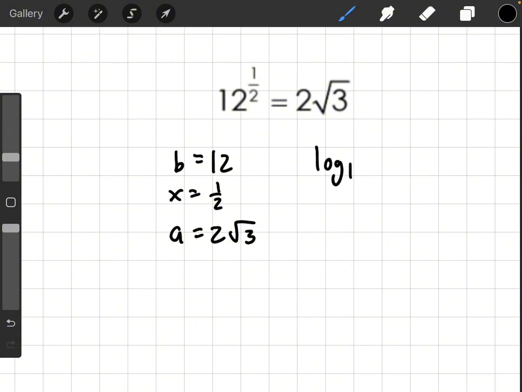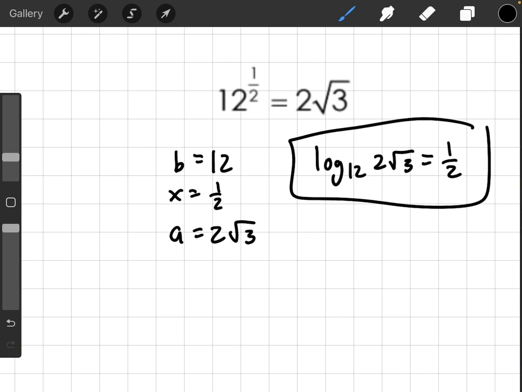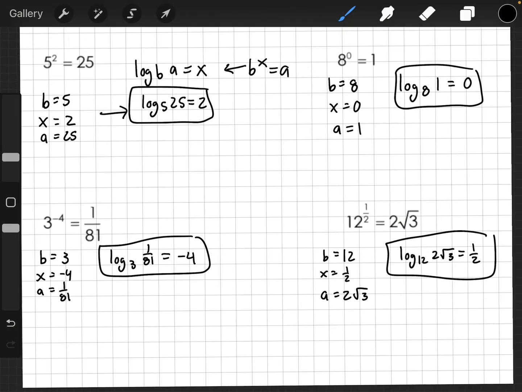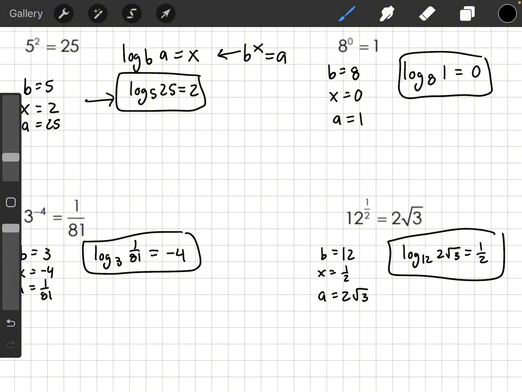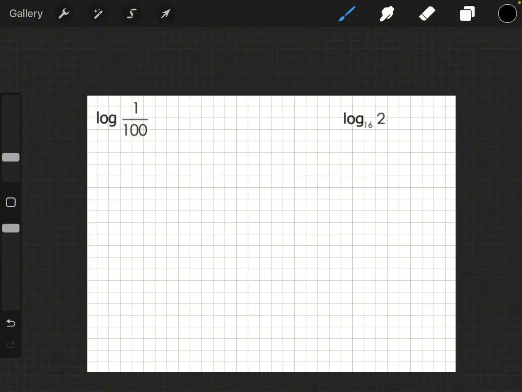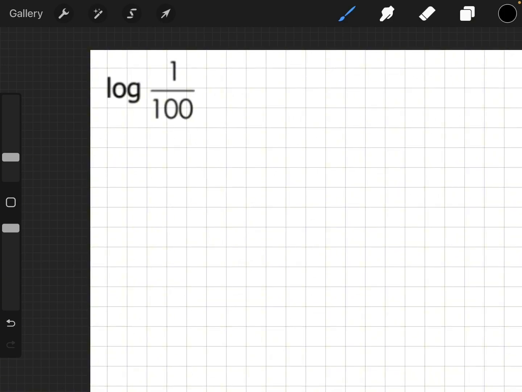So log base 12 of 2 rad 3 equals 1/2. So that's how to change from exponential form to logarithmic form. Now we'll evaluate the following logarithms using these exponent transformations.